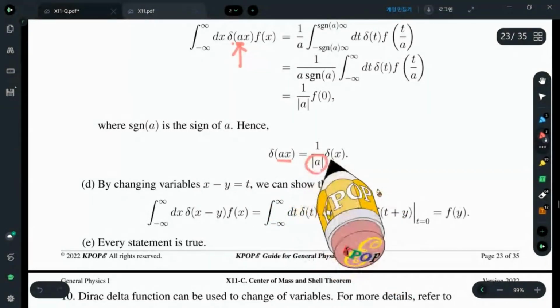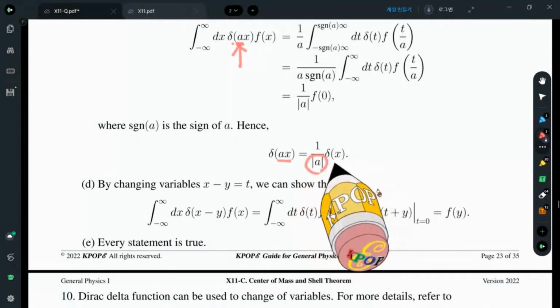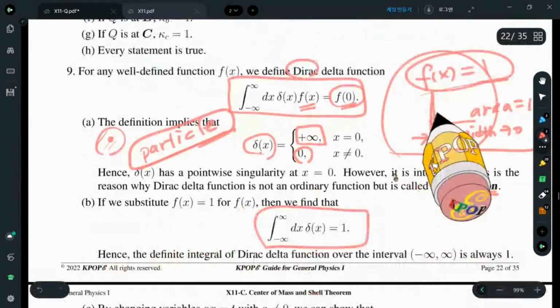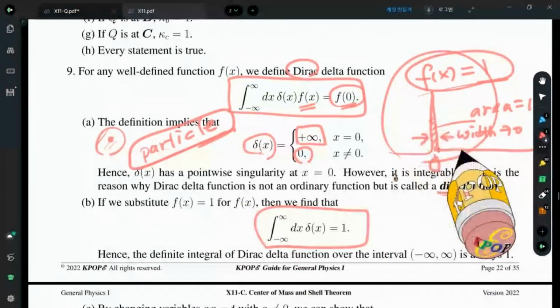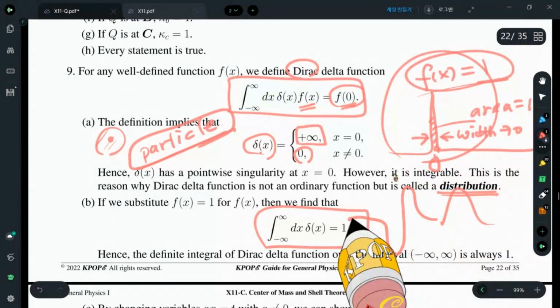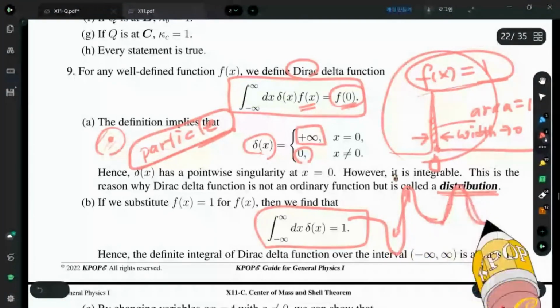The reason we have the absolute value is that the Dirac delta function is an even function. Left-right symmetric, it is positive definite, and it is even. An odd function is of this kind, where the sign is opposite, but this is an even function.